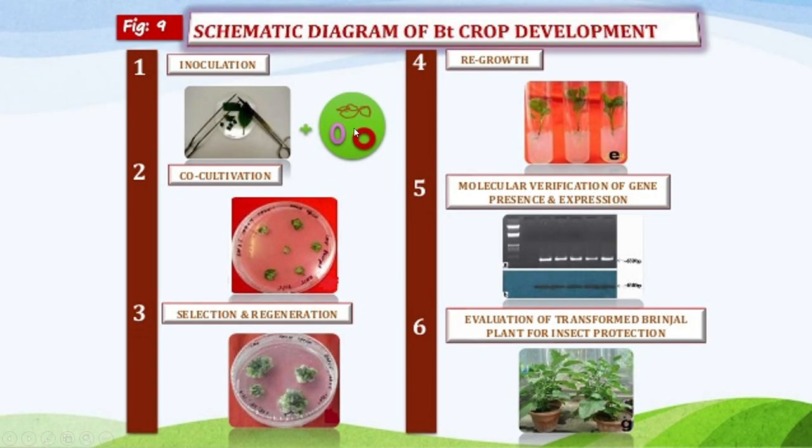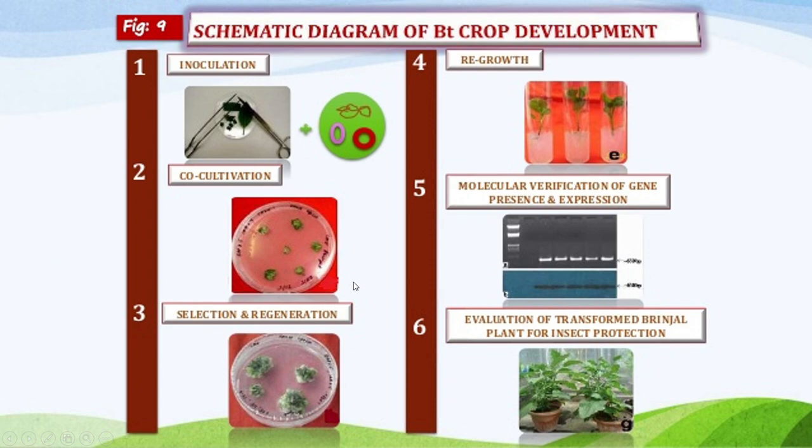Both methods can be used effectively to generate transgenic plants. So this is how Bt plants are developed. Inoculation here is basically co-cultivation with Agrobacterium which has the Ti plasmid as well as the binary vector carrying the crystal protein genes, and then selection based on kanamycin resistant callus.